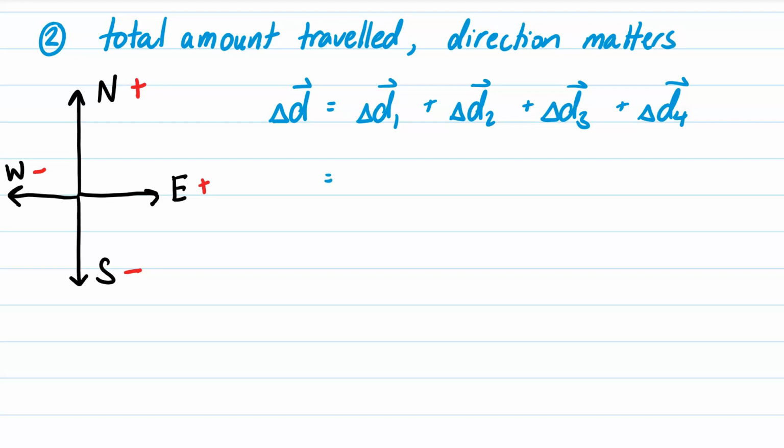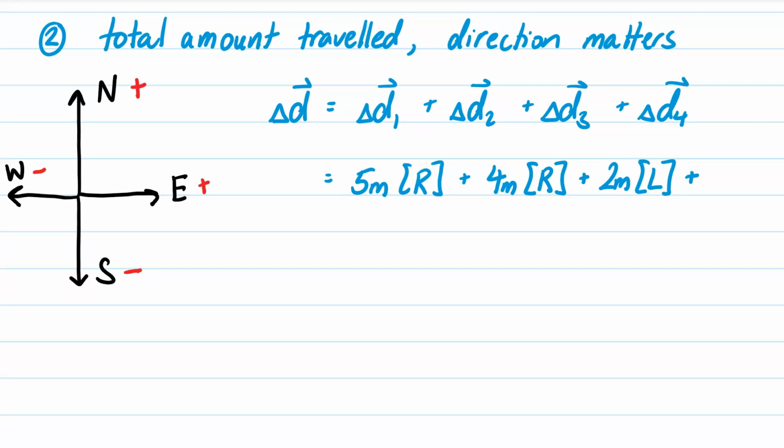Now, as a reminder, it went 5 meters to the right at first, plus 4 meters to the right, plus another 2 meters, but this time the direction was to the left. And the last time it traveled, it also went to the left by 5 meters.